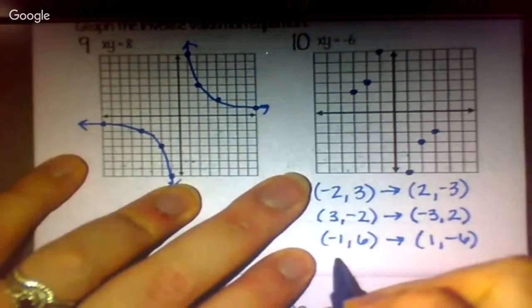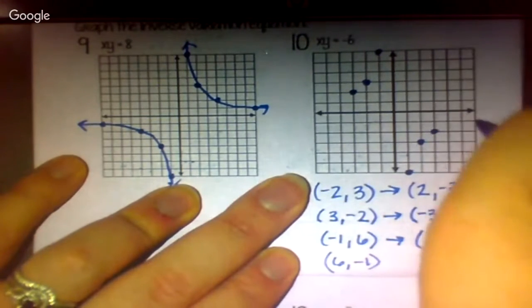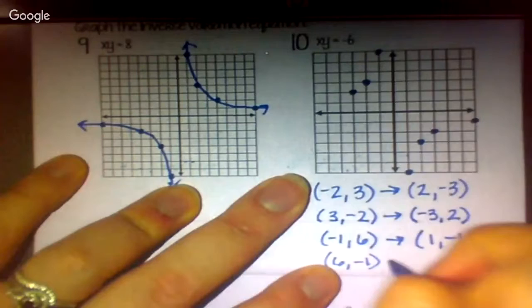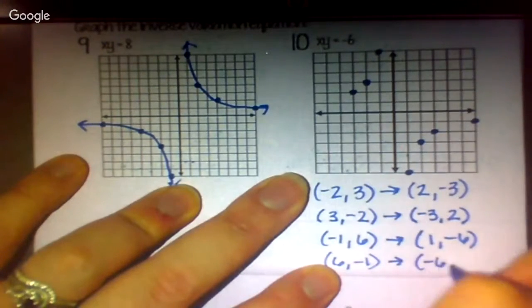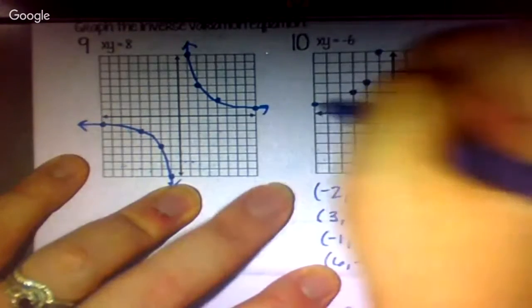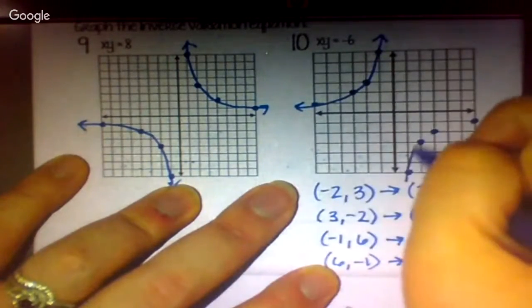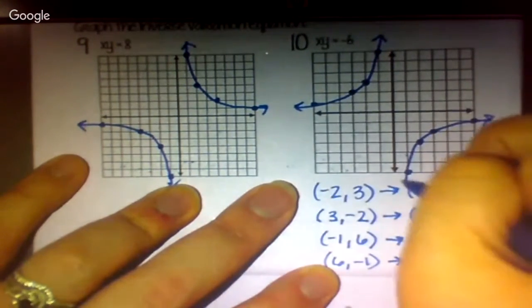I can do 6 and -1, and I can do -6 and +1. So you've got this part of your hyperbola and this part of your hyperbola.